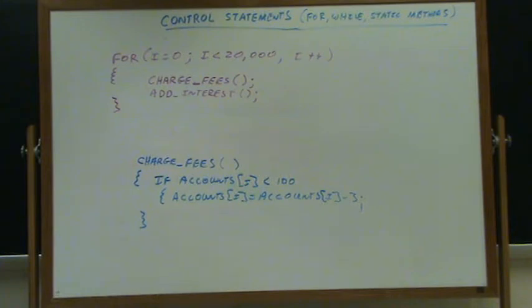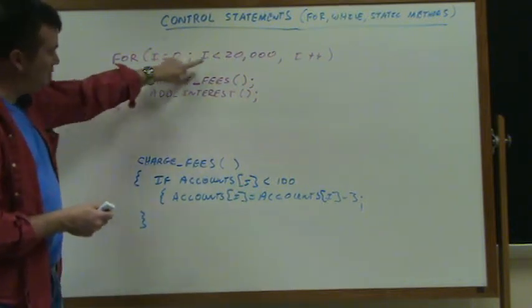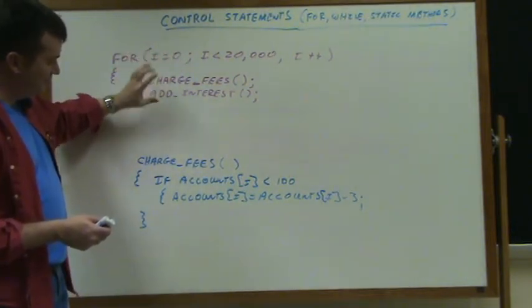Now the problem is we don't know what the value of I is. I is up here, not down here.